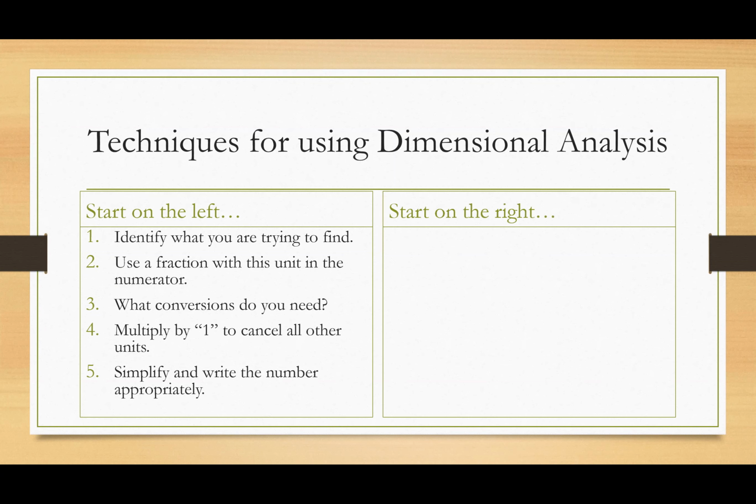The second technique is where you start on the right, and this is more used in nursing, and we'll focus in on that in a little bit. So starting on the right, you ask yourself, same as the other technique, what do you need? So once you identify what you need, you write that on the right-hand side of your equation. So you're really focusing on the end of your answer.